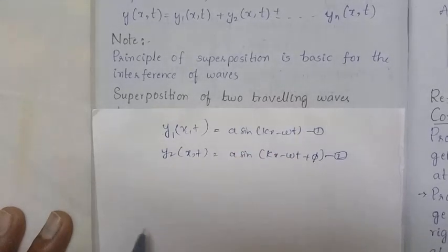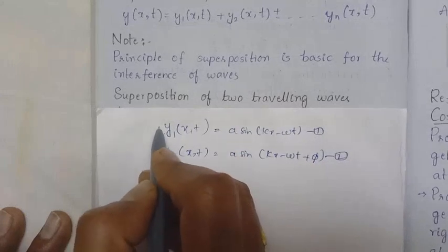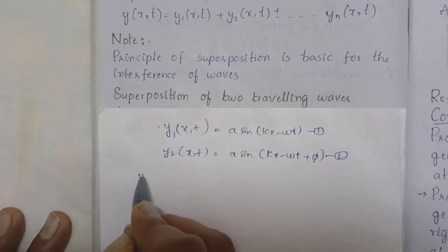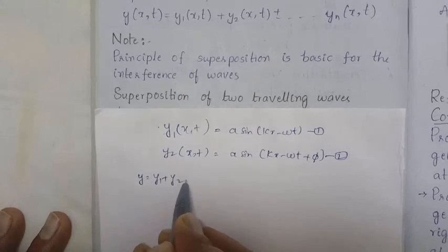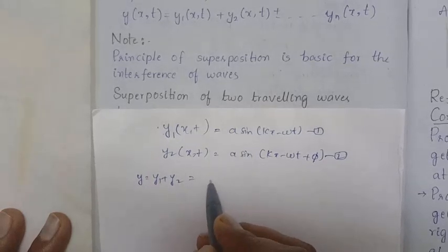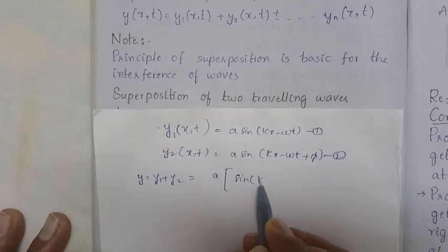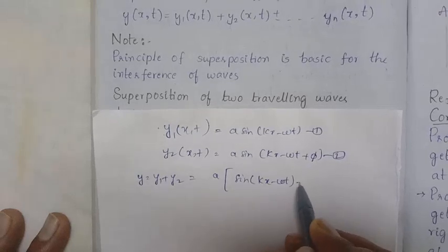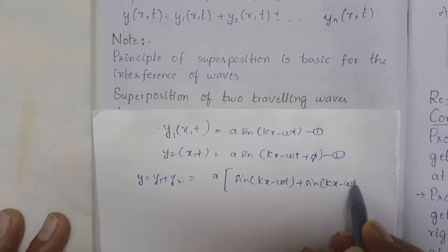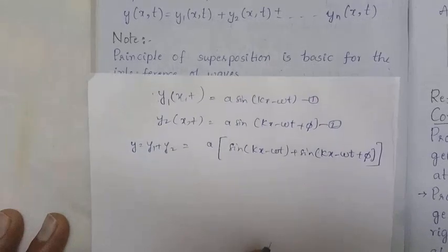If these two waves interfere, then the resultant displacement, as you already know the formula, is the algebraic sum of the individual displacements. So y equals y1 plus y2. If y3 is there, you have to add that also. So the resultant displacement is, you add these two: a is common, sin(kx - ωt) plus sin(kx - ωt + φ), where φ is the phase difference between the first wave and the second wave.